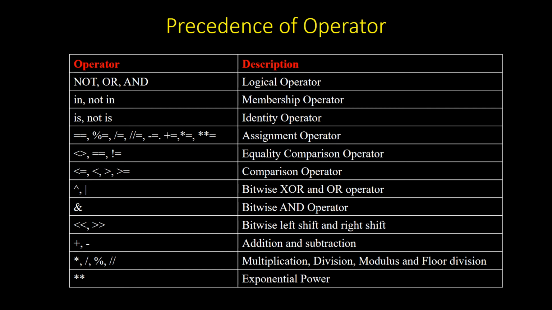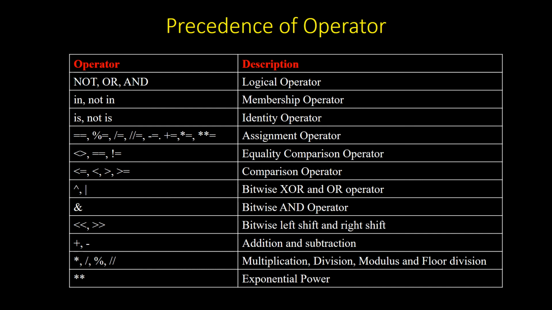The lowest precedence is the logical operator, then membership, identity, assignment operator, equality comparison operator, bitwise exclusive OR and OR operator, bitwise AND operator, bitwise left shift and right shift, addition and subtraction, multiplication, division, modulus and floor division, and the exponential power.